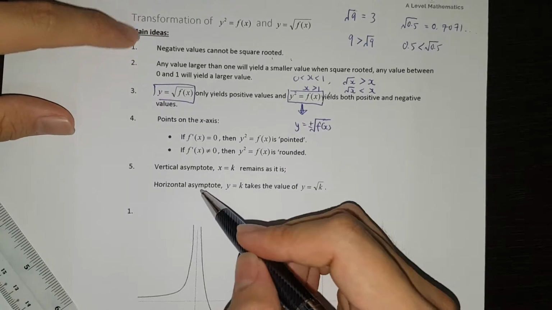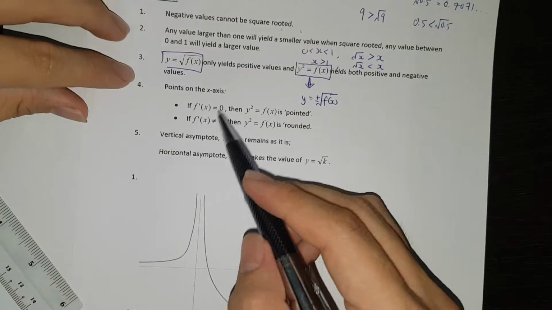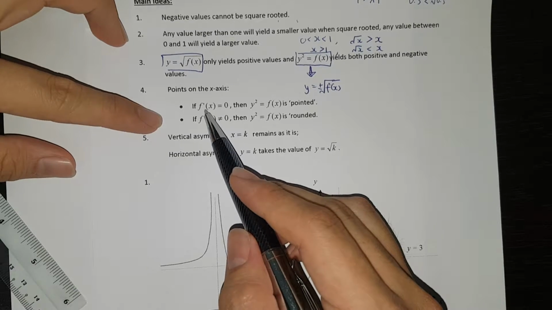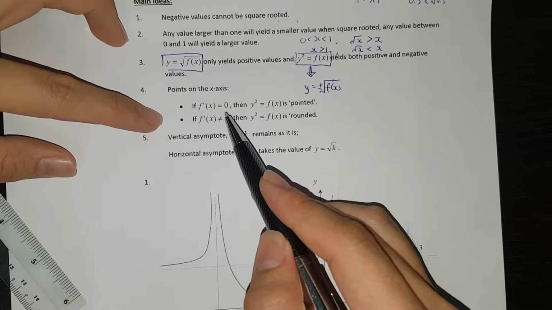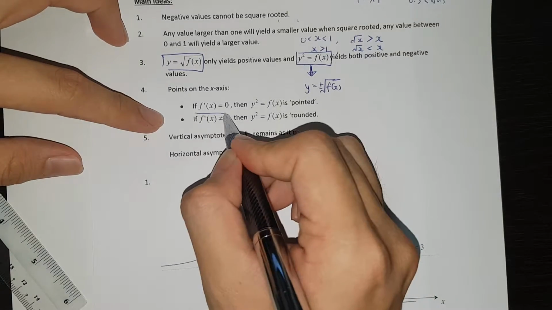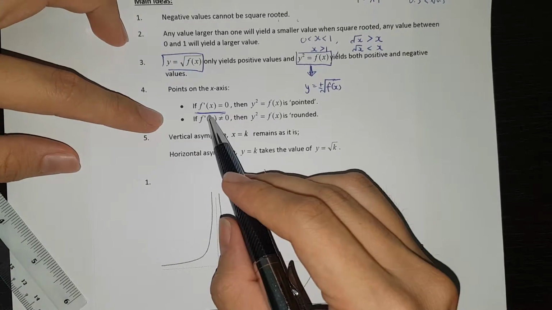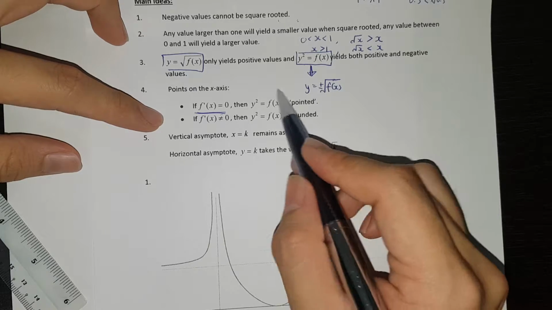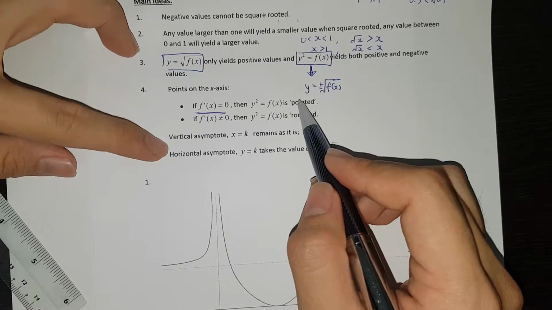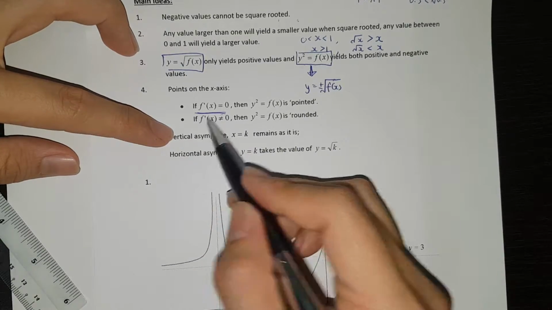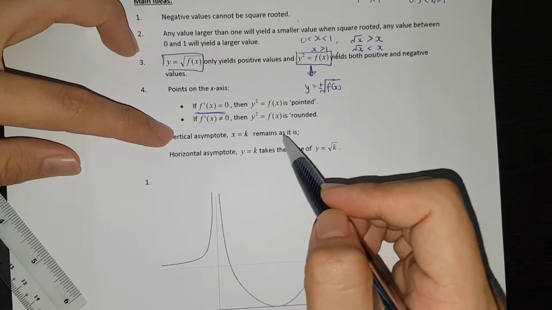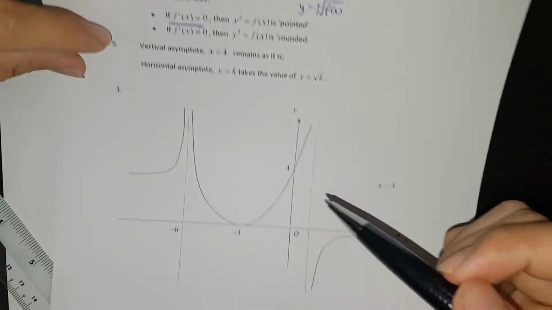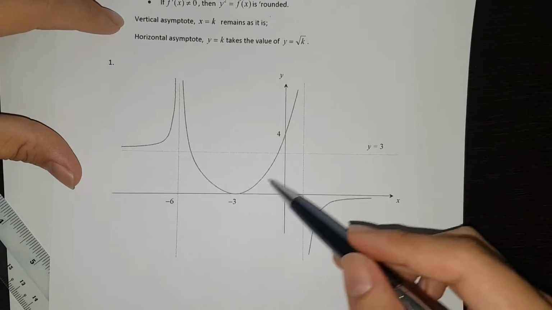Number 4 is something you may want to pay attention to: points on the x-axis. If the curve touches the x-axis and is a stationary point, then when you sketch the graph, it should be pointed. When it's not a stationary point, then it's rounded. Look at this, this is a stationary point on the x-axis.